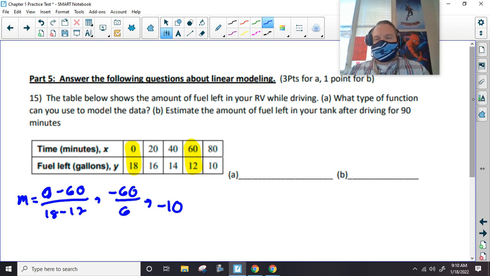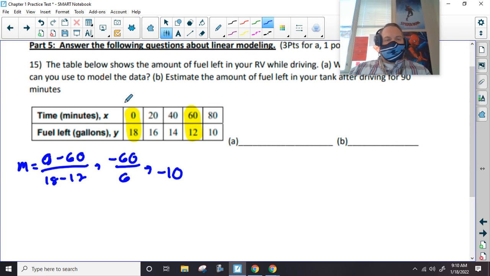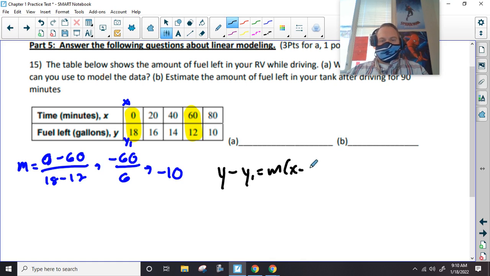All right. We're going to let this be my x1. This is my y1. And we just plug in.